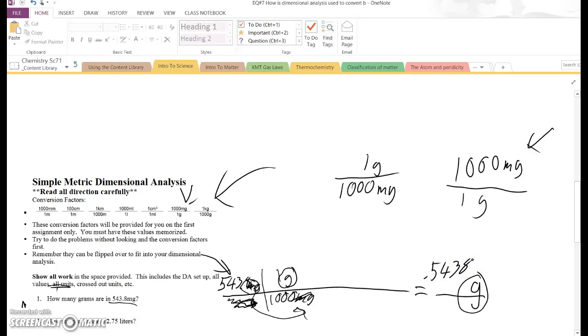So there are 0.5438 grams in 543.8 milligrams. And this would be your answer. Of course, it would be prettier because you would have done all of that stuff. But that is very basic dimensional analysis.